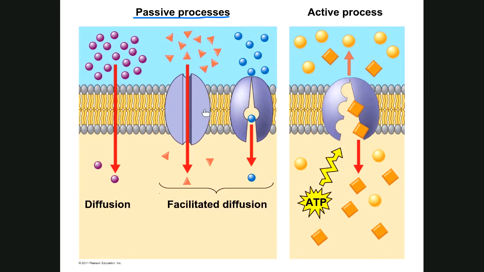But they're showing you over here, it does not mean you have to have a transmembrane protein. So again, passive processes never require energy in the form of ATP, and may or may not require transmembrane proteins called carrier and channel proteins.